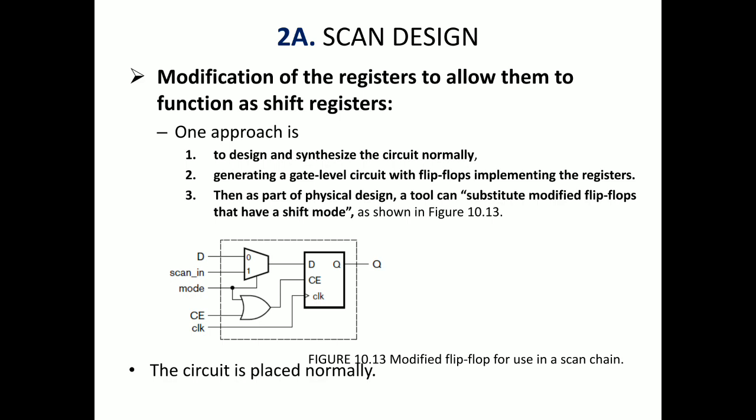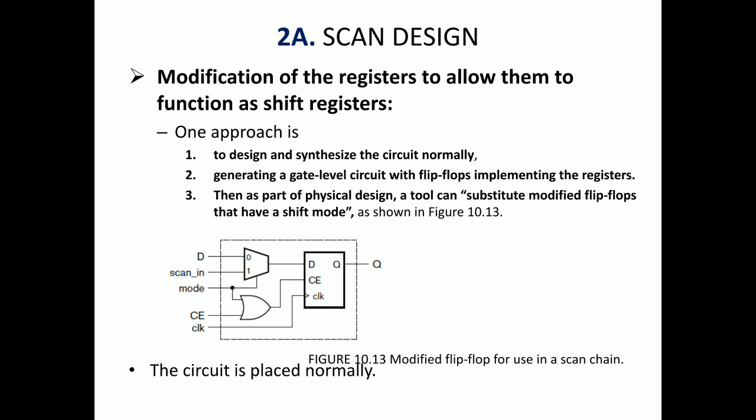This minimizes the routing overhead and interference with other signal wires. This is how we form a shift register chain. The DFT tools can compensate for the resulting placement-dependent ordering of test vector input and output bits in the scan chain. And this is about the modification of the flip-flop into forming a shift register.